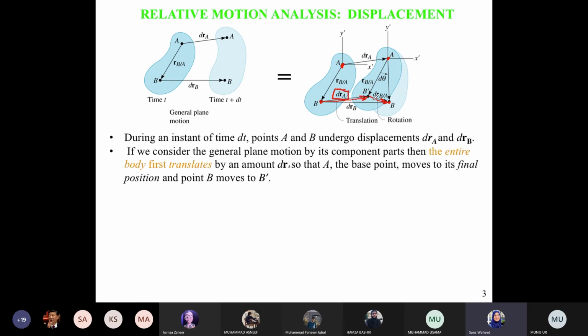But the rotation one, and I want you to focus on this now, this rotation one, is the relative displacement of B with respect to A. Why? Because it is the displacement of B with respect to A. That was the rotation happening while keeping A fixed, of B relative to A, so its displacement will be this, right? It would be the relative displacement of B with respect to A.